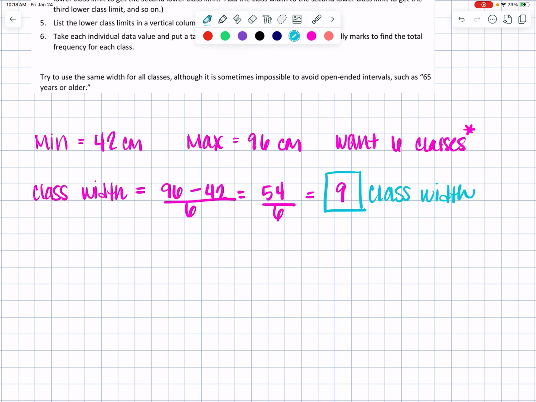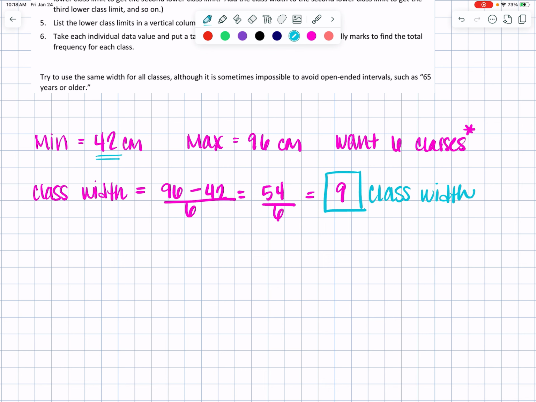So we are going to choose the bottom of our first class. Now, honestly, y'all, this 42 is the minimum for our data. I can choose a different value if it makes my life easier.